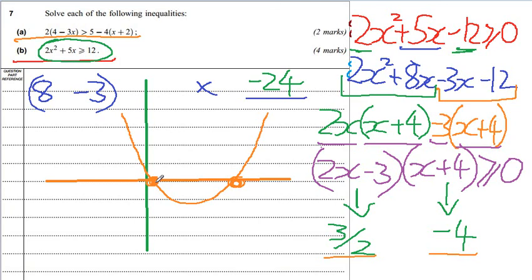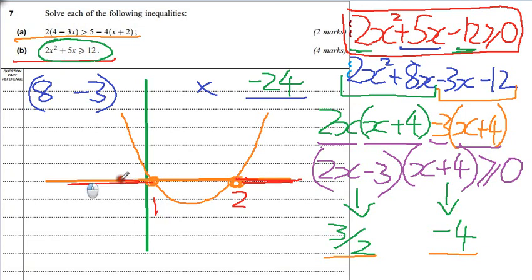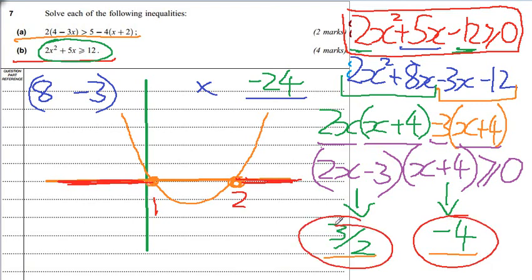Well, we can say it another way. If we go back up to the top here, we can say, where is that whole expression greater than or equal to 0? Well, it's after point number 2, let's call that point number 2. It's after that, and it's before point number 1. So we've got our point number 1. Point number 1 is going to be minus 4 because it's the lower of the two. Point number 2 is going to be 3 over 2.